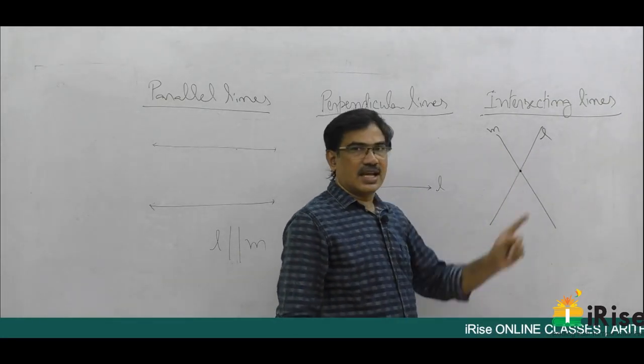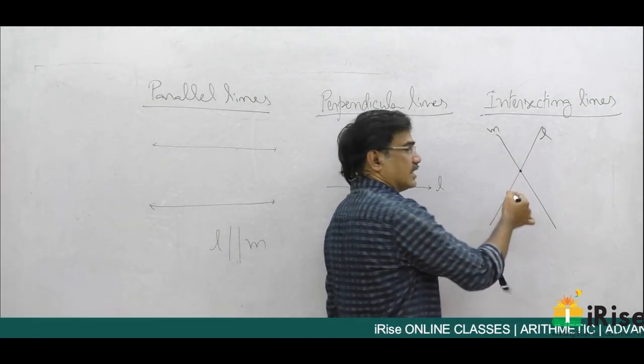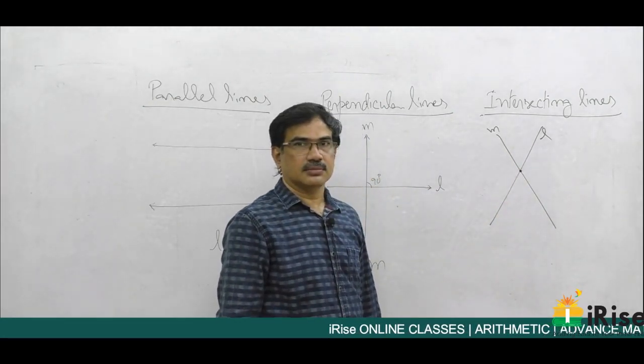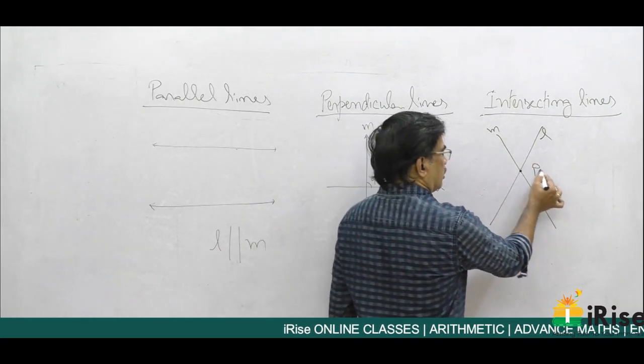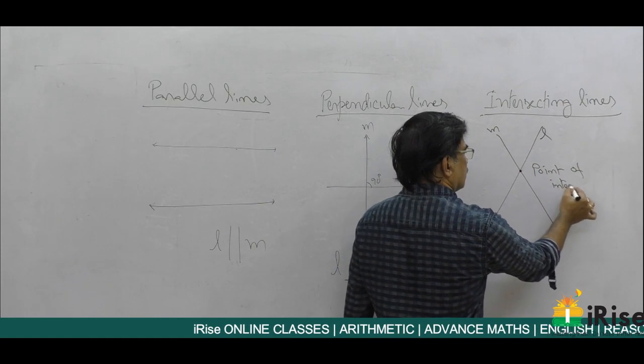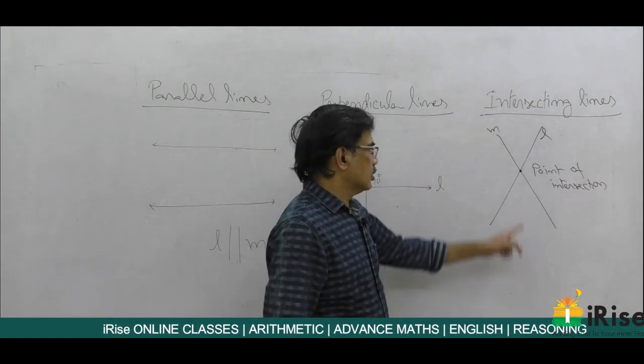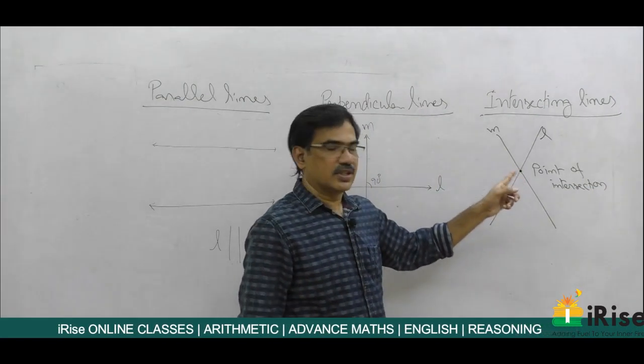If two lines have only one common point, they are called intersecting lines. And this point is called the point of intersection.